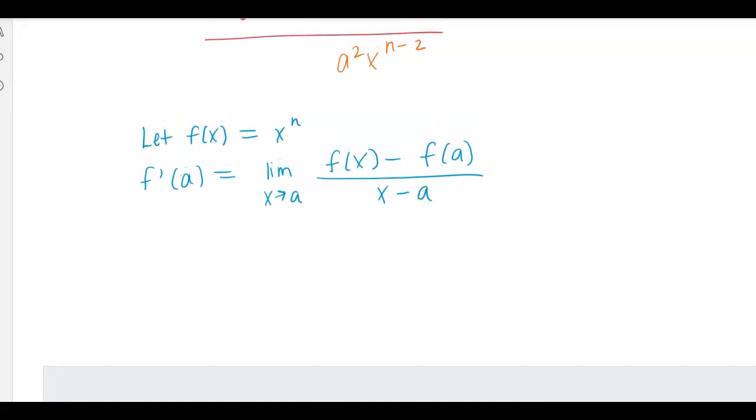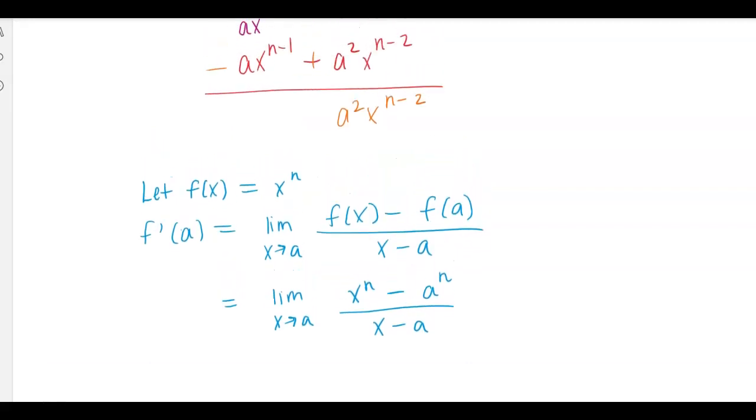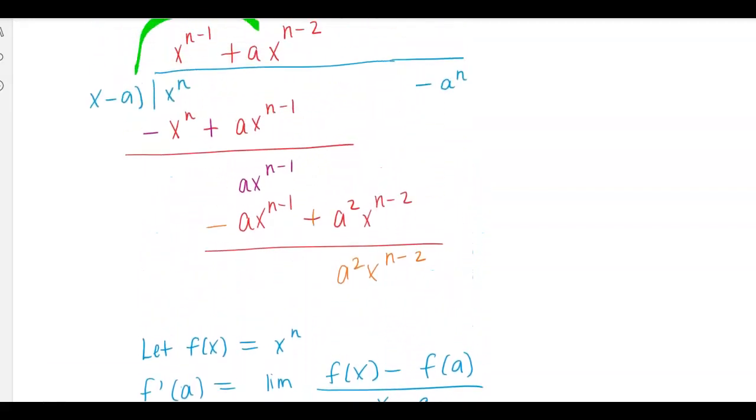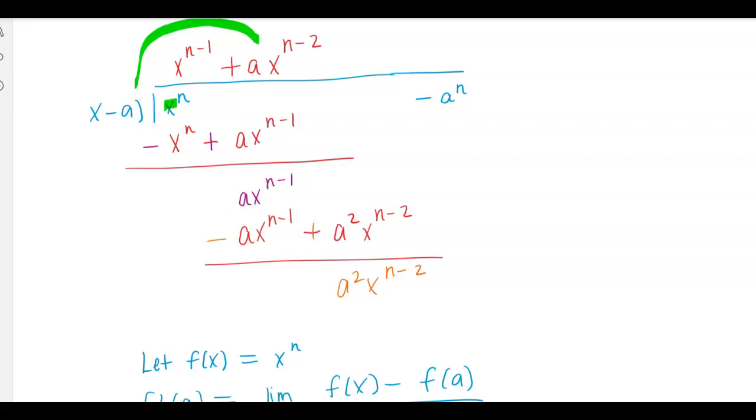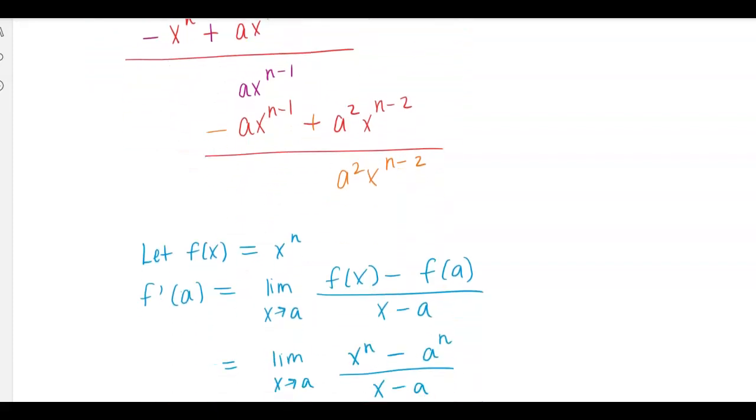So when I plug x into the function, I'll get x to the n power. And when I plug a into the function, I get a to the n power. So this is where that first part is coming up. I'm taking x to the n minus a to the n, that was here, and I'm dividing it by x minus a, right?